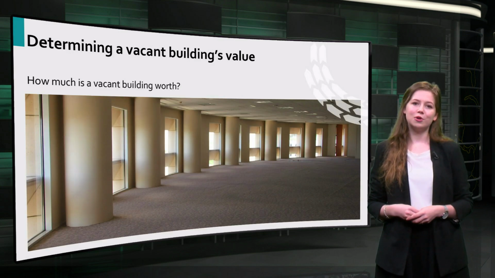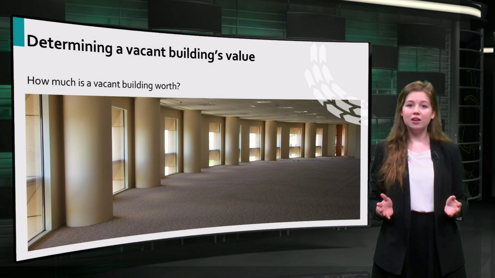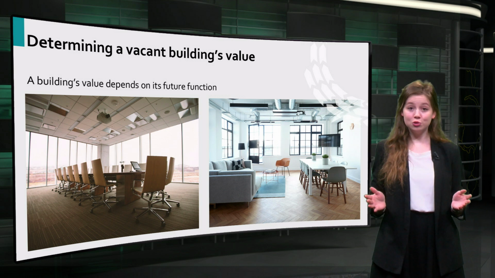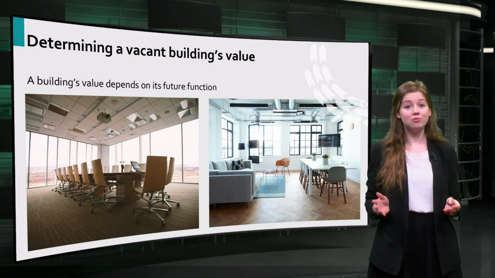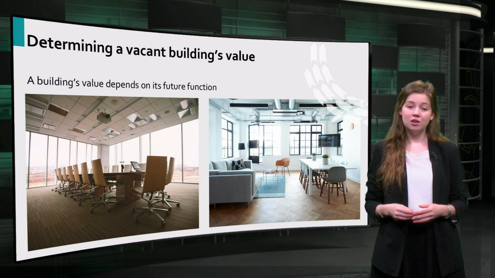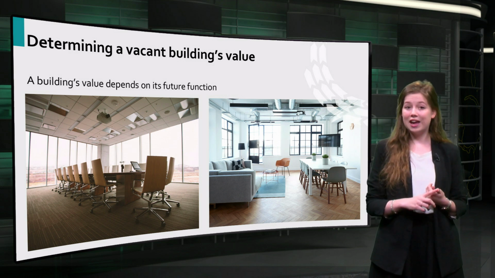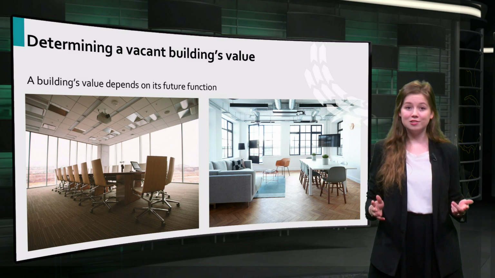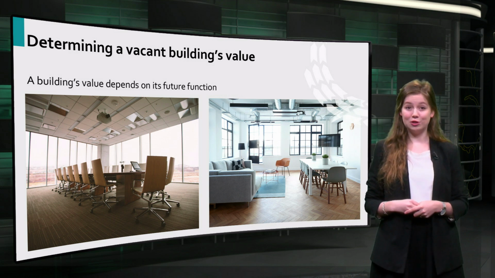How can you determine how much a vacant building is worth? A vacant building's value depends on the future function of the building. If a building will be used as an office, it may have a different value than if it is transformed into dwellings. So several factors play a role in this, including location, market price for that specific function, and the adaptability of the building.